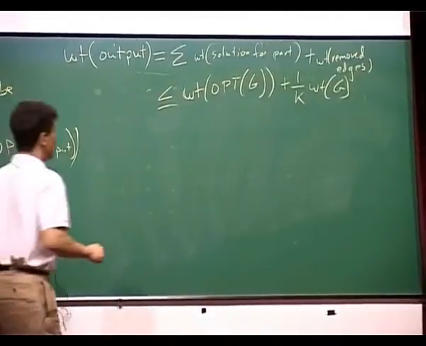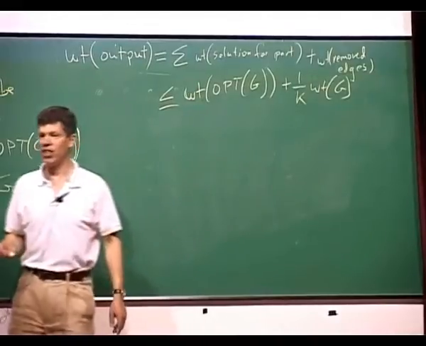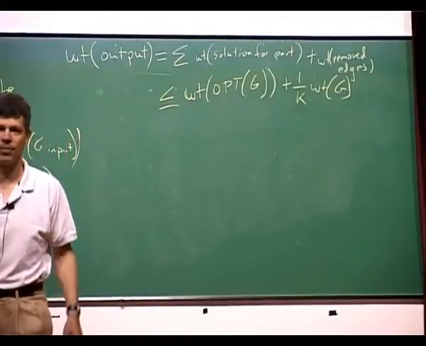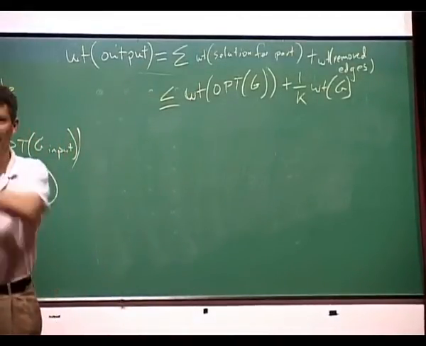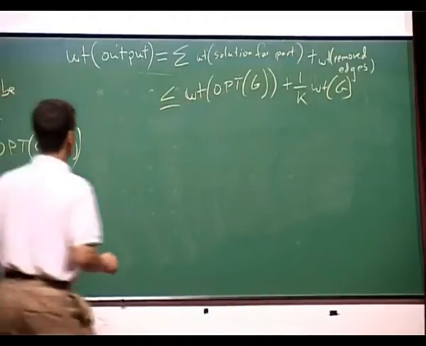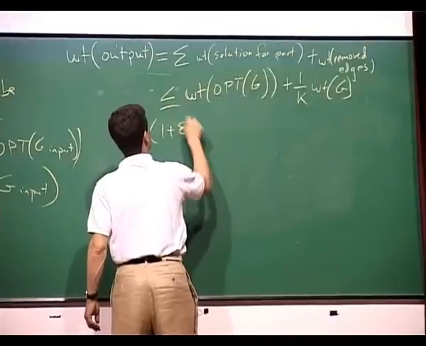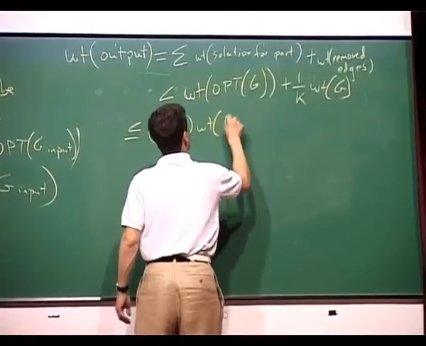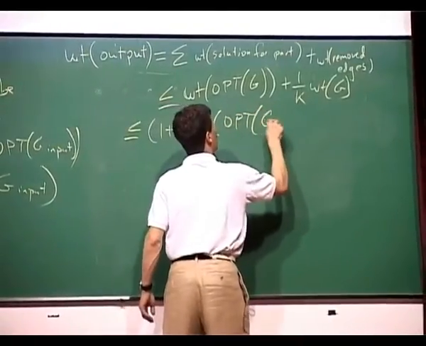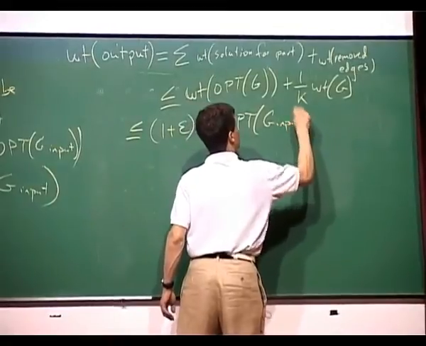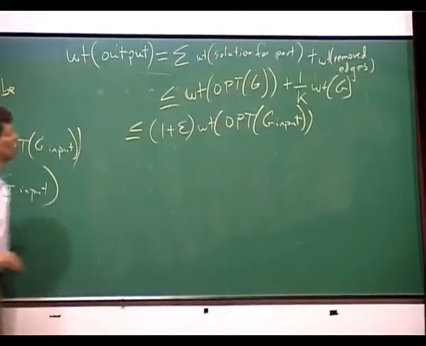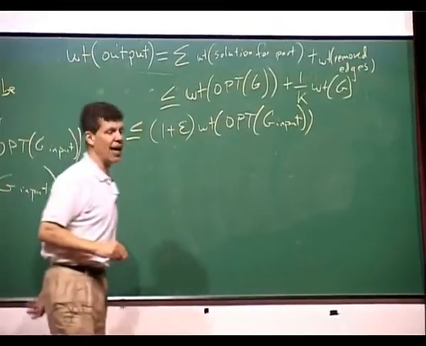Next step. What do we know about the weight of opt of G? There's a property: it is less than or equal to 1 plus epsilon times the weight of opt of G input. And what do we know about this 1 over k times the weight of G?